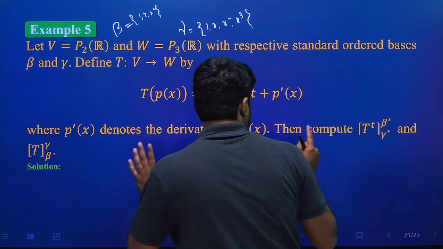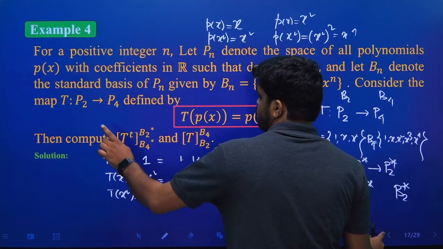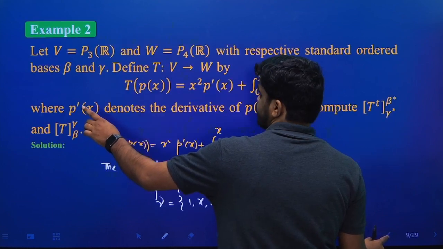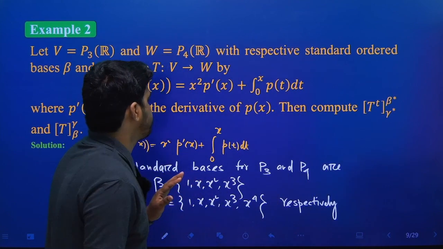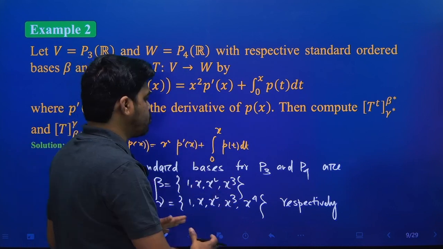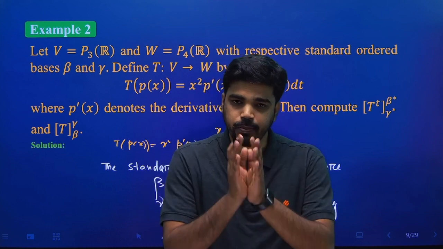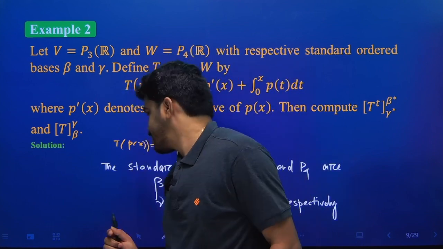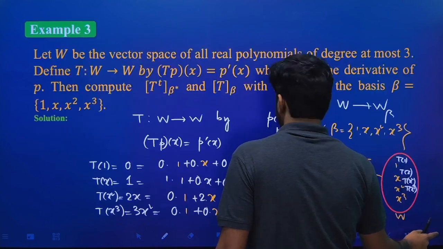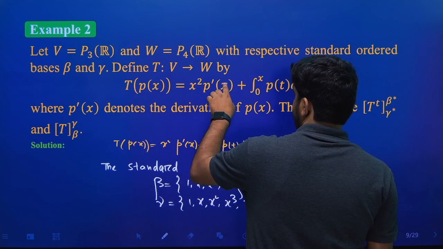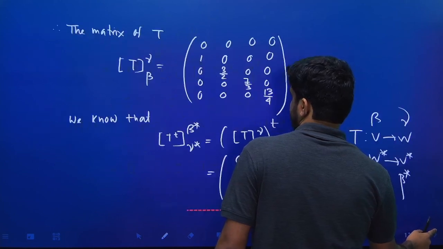Okay, look, this problem is the same problem we discussed as Example 2. Just as Example 2 was solved, you will solve Example 5 in exactly the same way. Okay, same concept. Just see here the mapping is defined as x square P dash x plus the integral from 0 to x of P(t) dt, right?